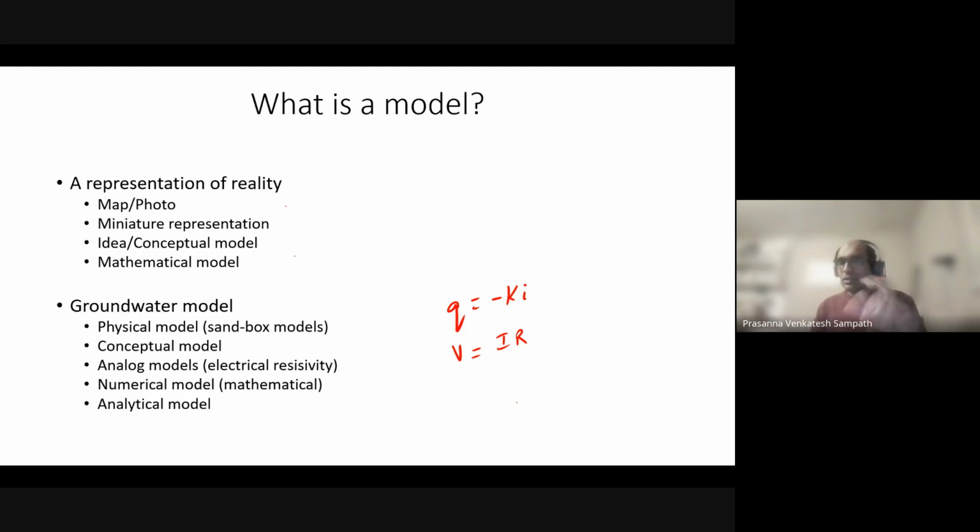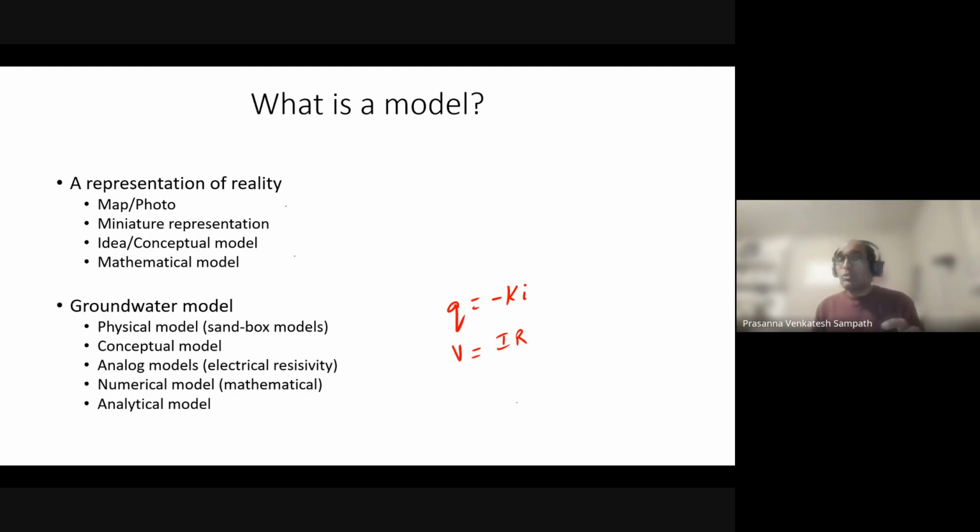Of course, one difference is that in V equal to IR, V is the potential difference, which is the equivalent of the small i, that head gradient in our Darcy's law. R is the equivalent of K, and capital I is the current flow in the case of electricity, and Q is the groundwater flow in the case of Darcy's law. So it's not exactly the same, but you can see that there is some similarity between these two equations.